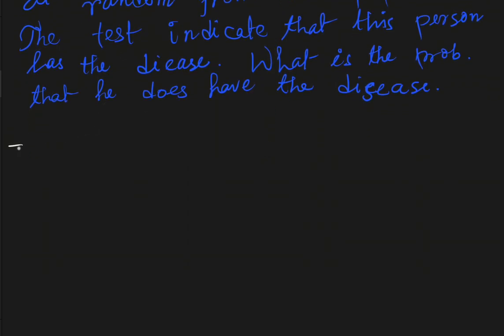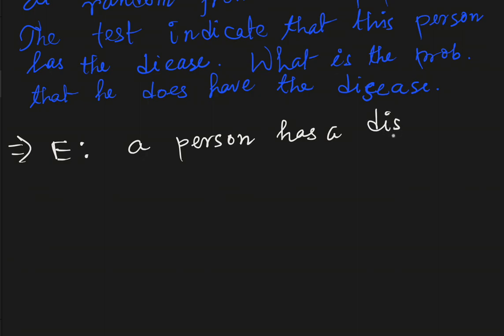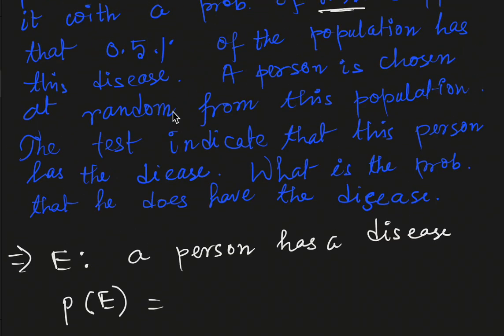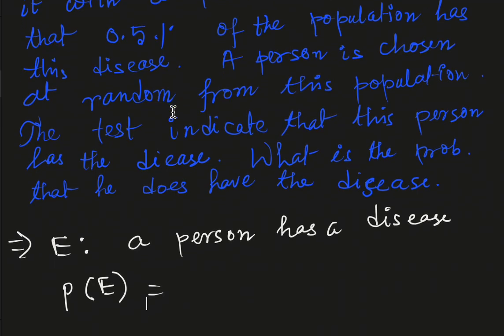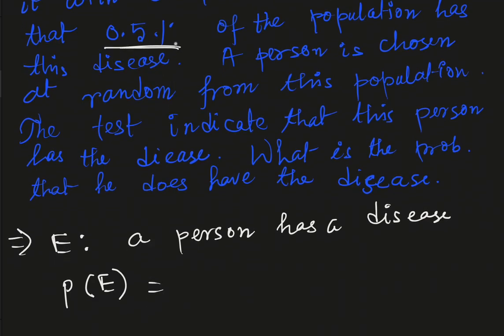So first let me write, E denotes that a person has the disease, and what is the probability of that? In the population we already know that 0.5% of individuals have that disease.